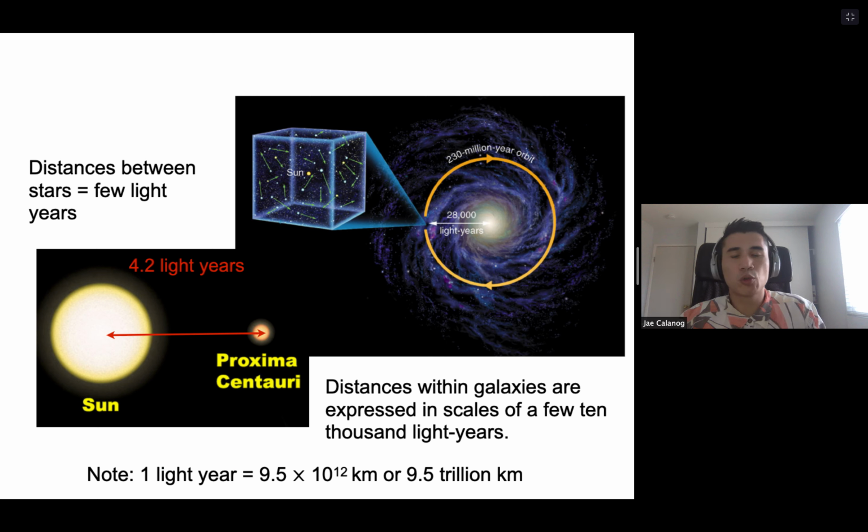We're about 28,000 light years away from the center, and we're involved in this 230 million year orbit around the center of the Milky Way, which is incredible and mind-blowing at the same time, because usually we think of the solar system, the sun sits in place, and all the planets revolve around it. But in reality, the sun itself is actually involved in this very long journey around the Milky Way galaxy.